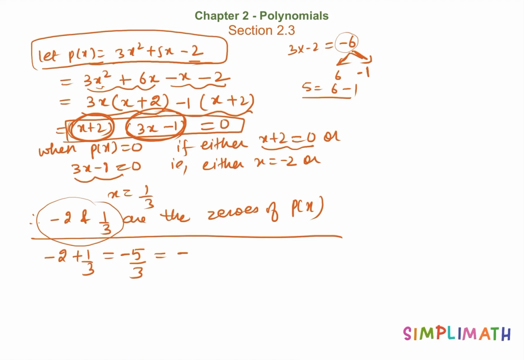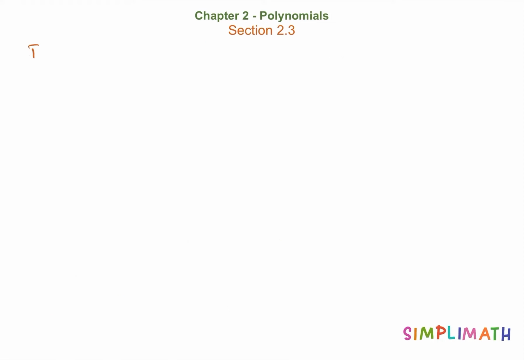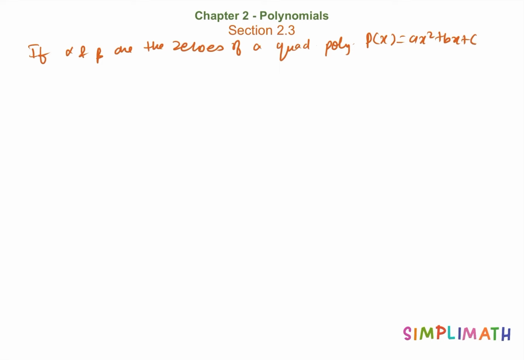Now let us try to generalize. Okay, if alpha and beta are the zeros of a quadratic polynomial p of x equal to ax square plus bx plus c, where a is not equal to 0, then if alpha and beta are the zeros, then we can say x minus alpha and x minus beta are the factors of p of x, right?